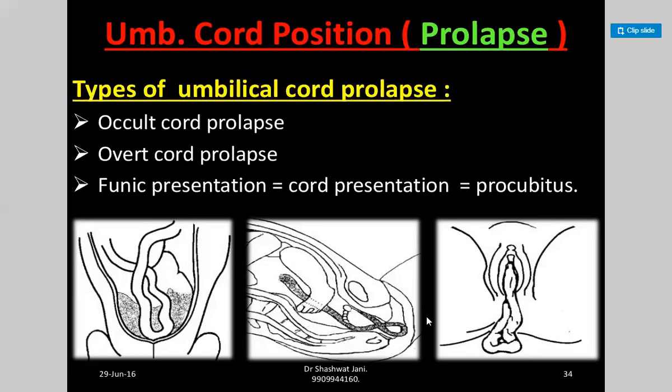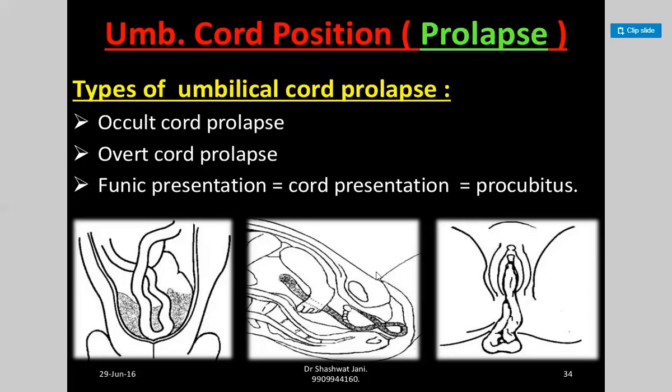Presentation during delivery means which part occupies the lower uterine segment. Commonly it is the vertex presentation. But if the umbilical cord is present instead, then it is called funic presentation, cord presentation, or procidentia.